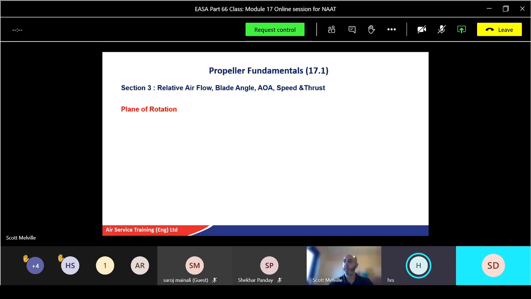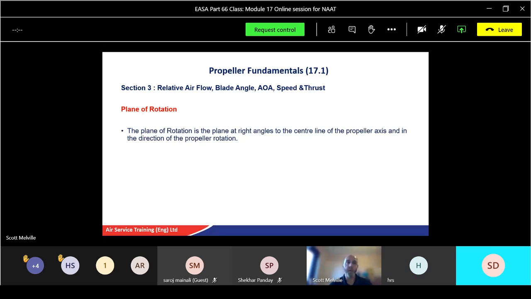Okay, plane rotation. The plane rotation, as it sounds, it is the rotation of the engine, obviously spinning, and it's the right angles to the center line of the propeller axis. All right, so you've basically got the engine shaft coming through, but your propeller is spinning pretty much at 90 degrees to that. That's your plane rotation.